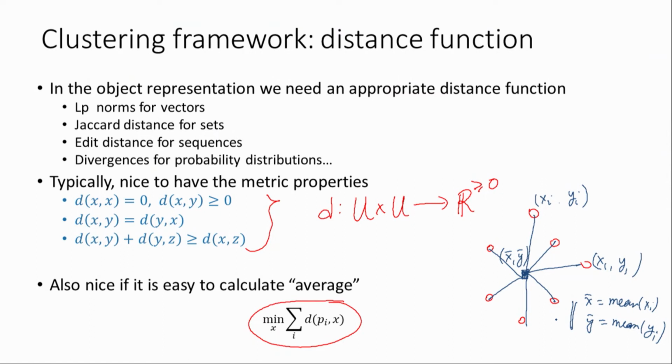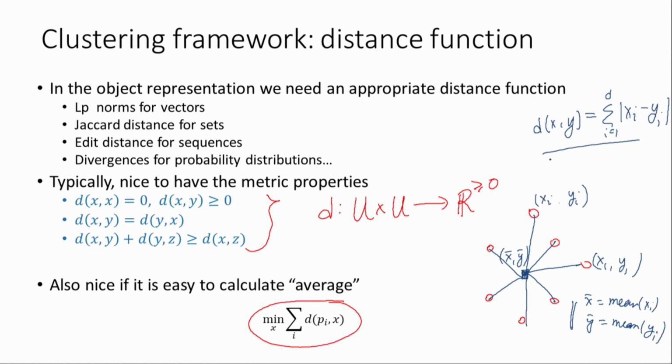Let's say the distance between 2 points is this. There are 2 d's, don't mix them up. The d on the top is the dimension, the d here denotes the distance function.